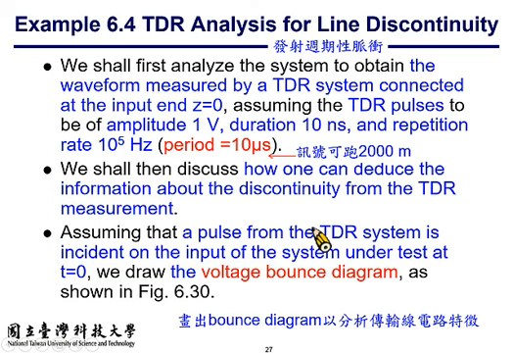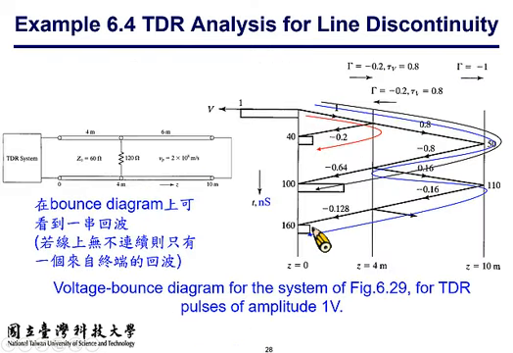To proceed with the analysis of this case, of course we can use a bouncing diagram. To the right is the end result of the bouncing diagram, but let's begin with some initial steps.